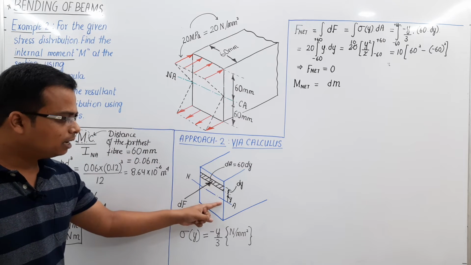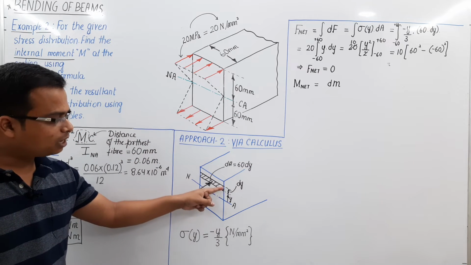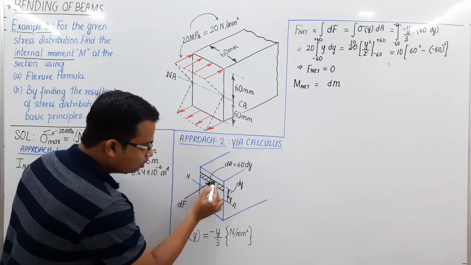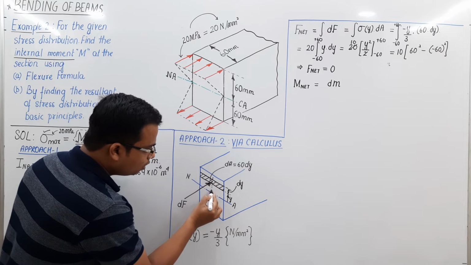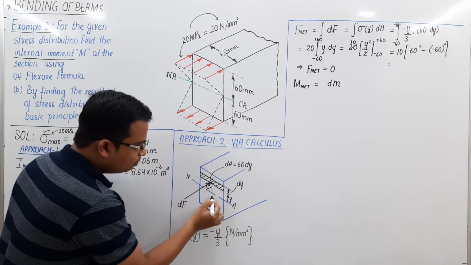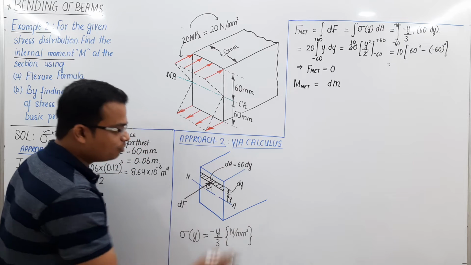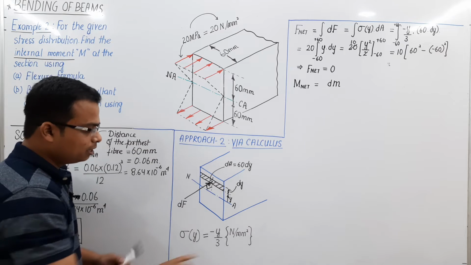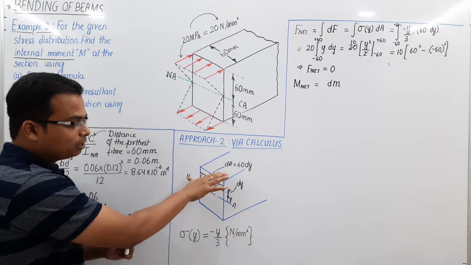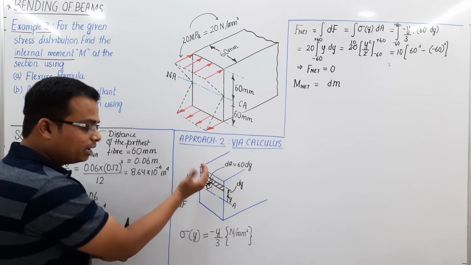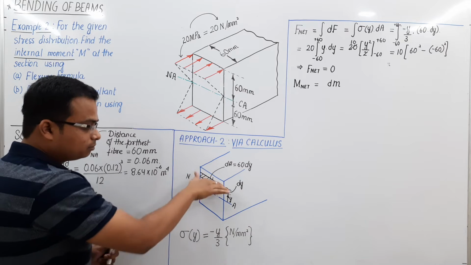There is this force at a height of y from the neutral axis. The moment is going to be, if you watch, you can just draw a line over here. This is 90 degree. So force multiplied by this perpendicular distance will give you the value of moment. If you watch again, the thumb is pointing this way into the board. That is a positive moment.